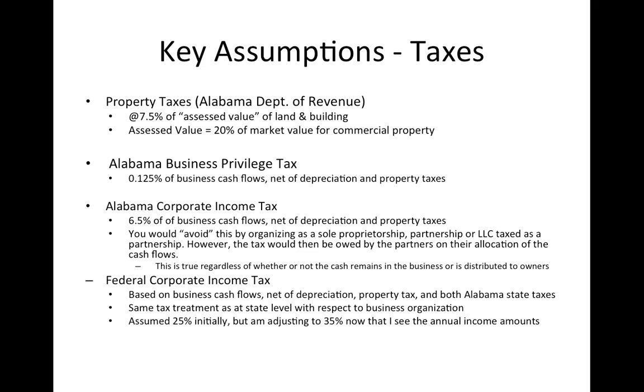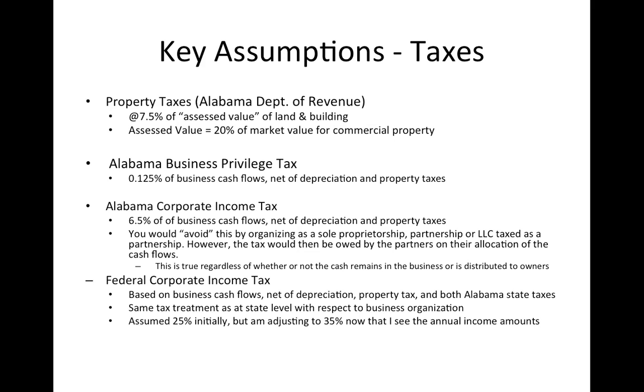This kind of makes it neutral to the decision if I just include it in here. Key thing for you to understand about how that works. The personal income taxes for what they call pass-through organizations like sole proprietorships and so forth are such that it doesn't matter whether the business actually writes you a check and distributes the cash from their bank accounts to your bank accounts.